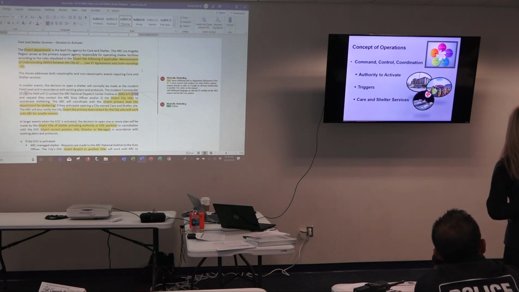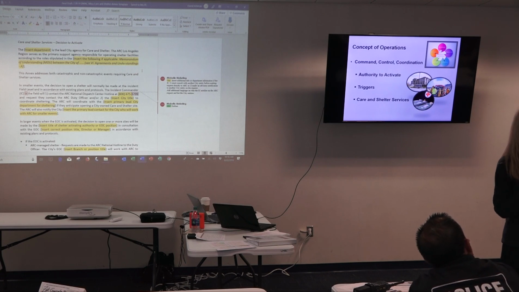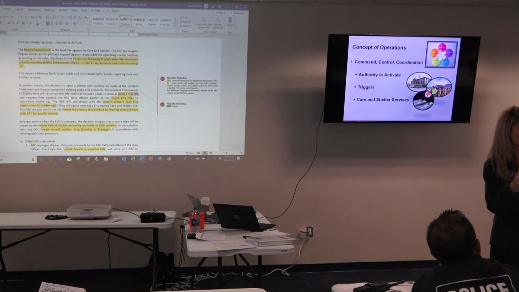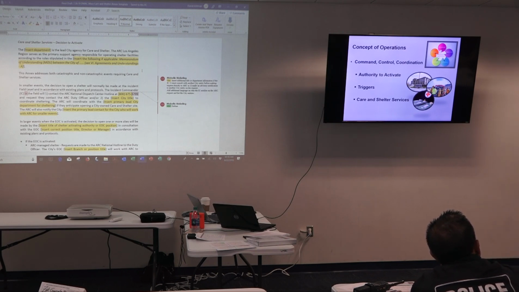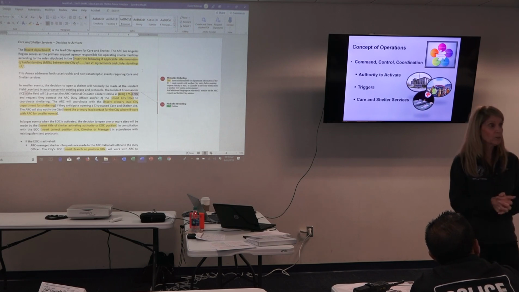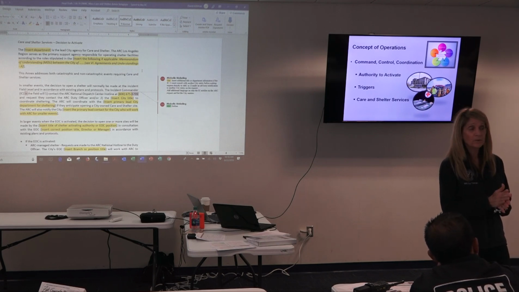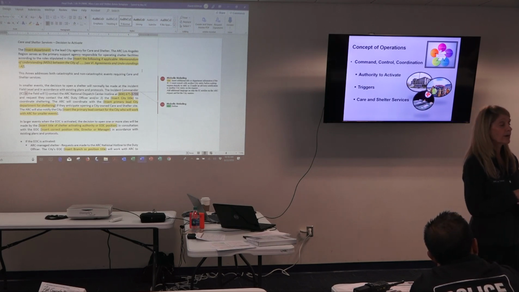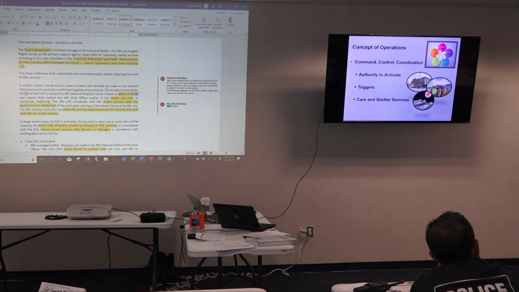Does that make sense? So if field command is going to say, okay, the EOC isn't activated and that shelter is attached to our emergency operations, then you embed a position in your incident command system. I'll give you an example. In the city of Los Angeles, if it's just field command, and a lot of times we didn't activate the EOC, Rec and Parks would activate their department operations center.